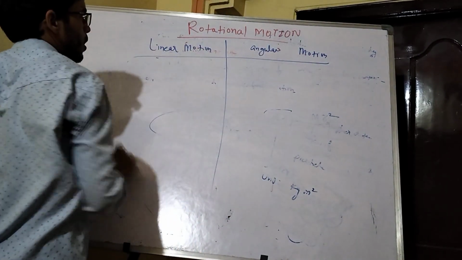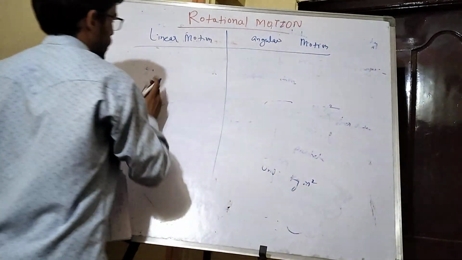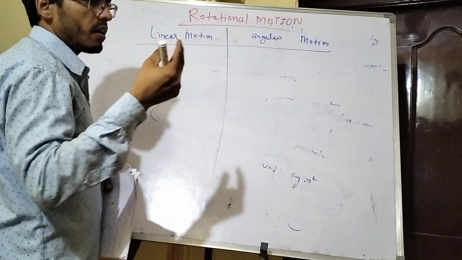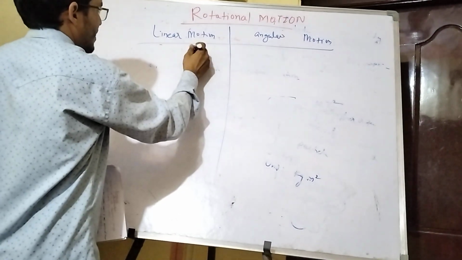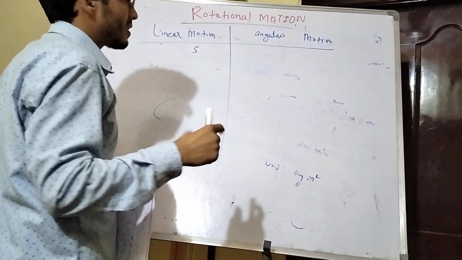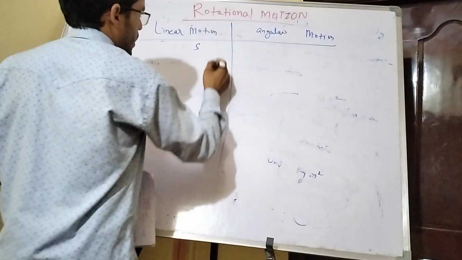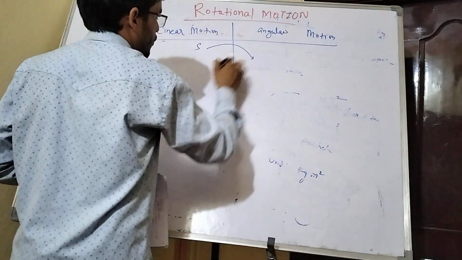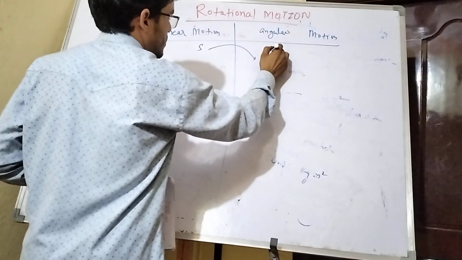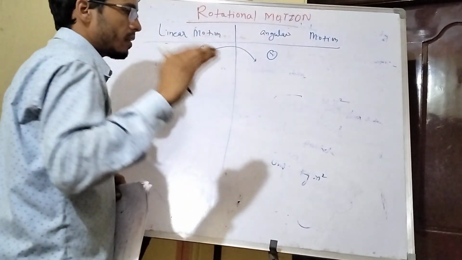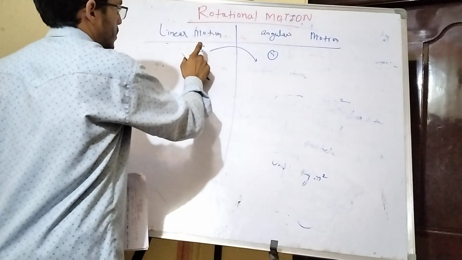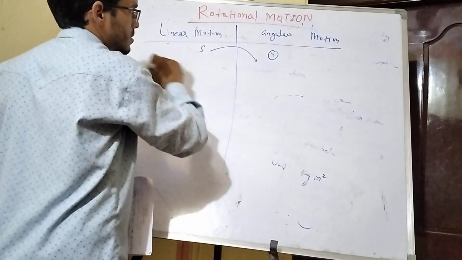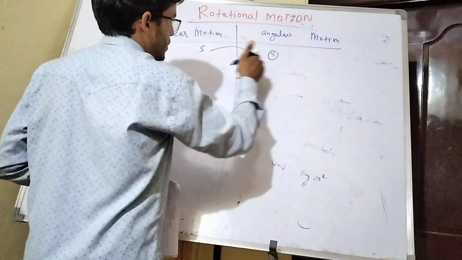See all of you. Suppose your particle is moving, so you can write s. S is displacement in case of linear motion. The analogy, the equivalent of s in case of angular is theta. So linear displacement is s, and angular displacement will be theta.